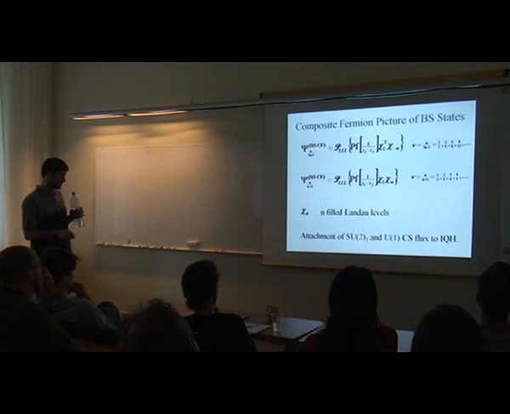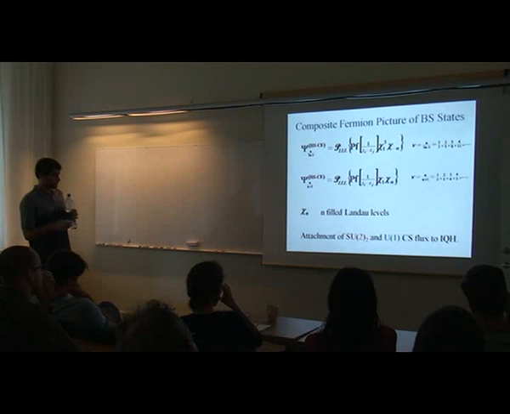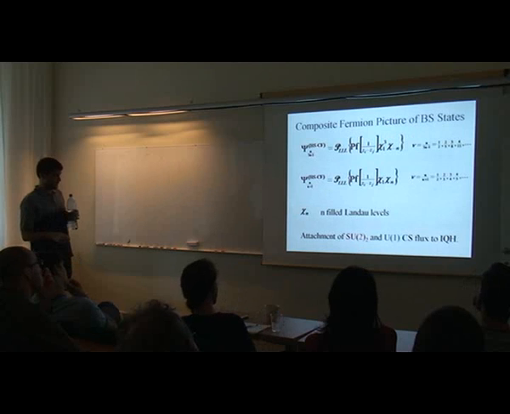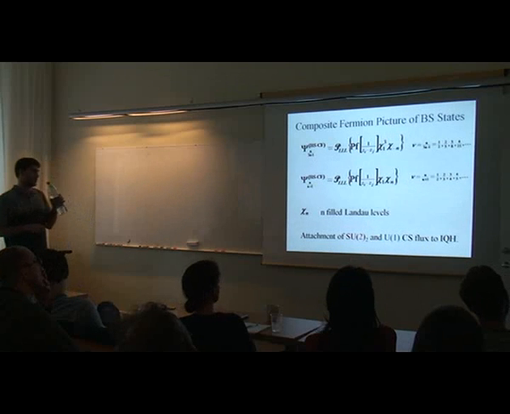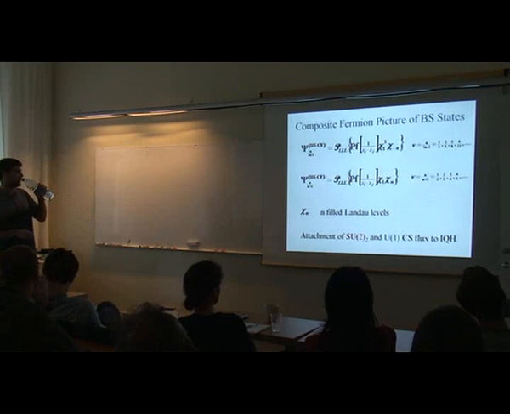And this is essentially, to translate to an equivalent picture as the composite fermions, here you not only attach a U(1) Chern-Simons flux to your integer quantum Hall states, you also attach an SU(2) level 2 flux to them.